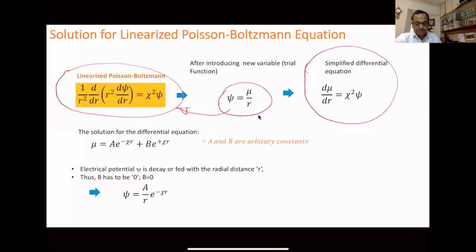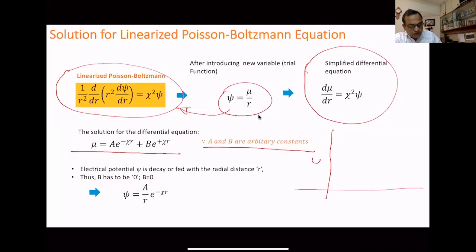You have solved it already. The generalized solution for such a differential equation is of this kind, where a and b are both arbitrarily chosen constants. But as far as our logic goes, the potential versus the radial distance r is decreasing with distance.